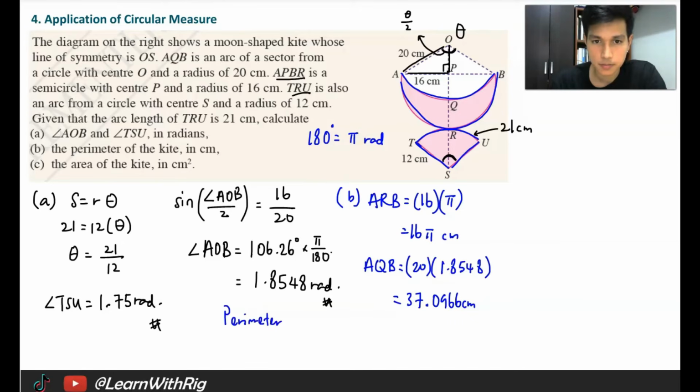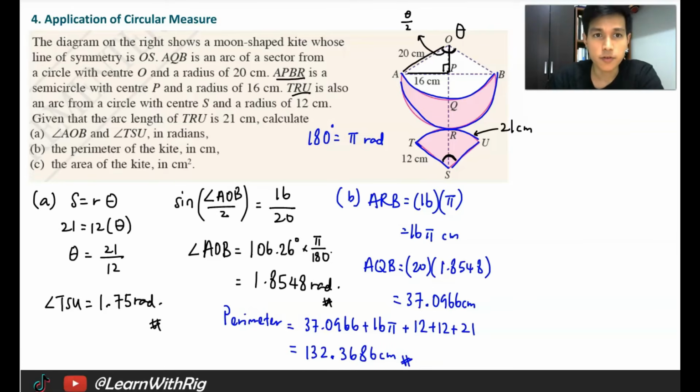Perimeter equals 37.0966 plus 16 pi plus 12 plus 12 plus 21. Your final answer should be 132.3686 cm.